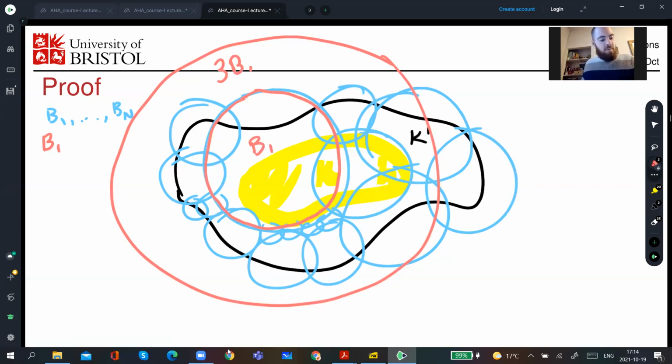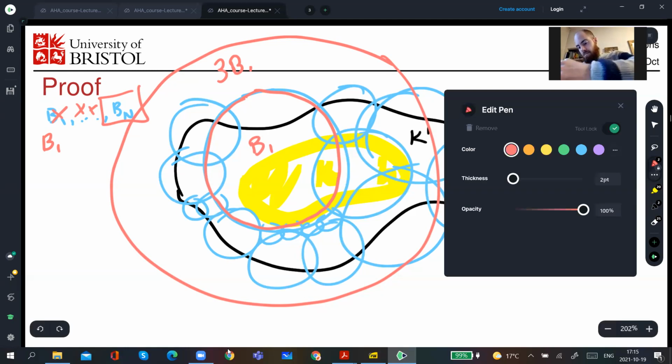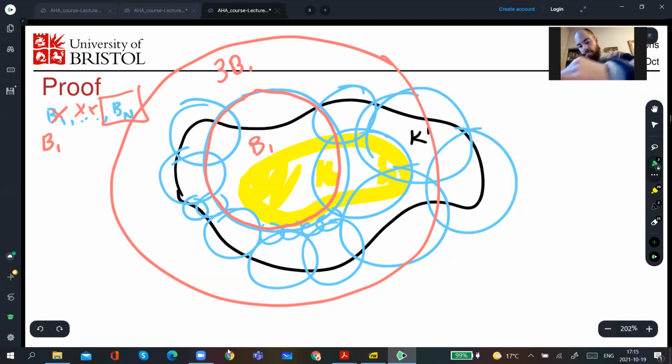That gives me some sub collection to worry about. Sorry, that's all the balls contained inside of it. But I have some balls that only partially overlap with it, namely these green ones.